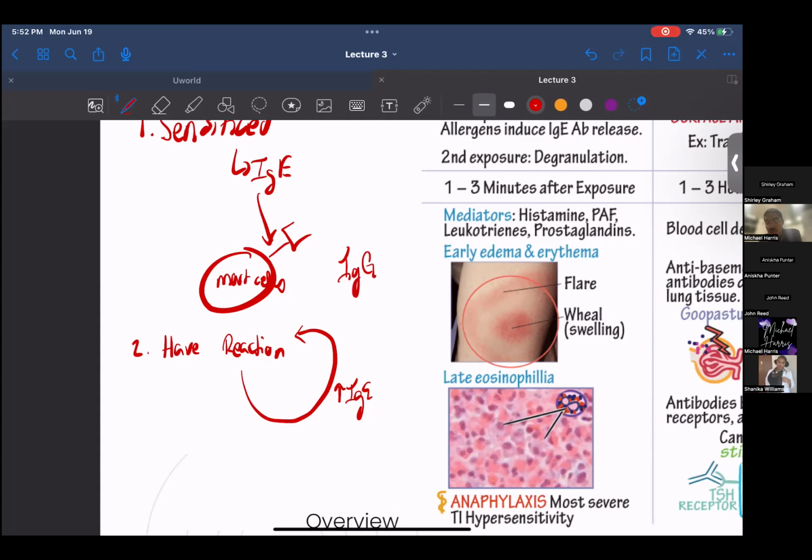So essentially, what you're trying to do is have enough IgG present that it soaks up everything before IgE can even see it. And that's how that process works. Okay, good. Any questions with that?